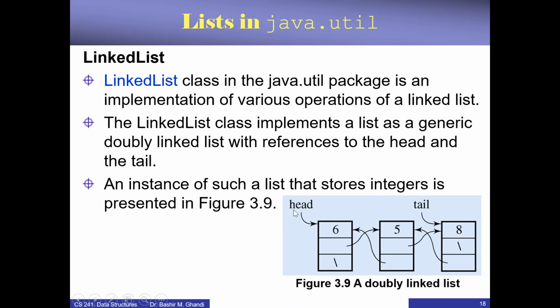Okay, it has head and tail, and each node will have info, next, and prev. Although you don't need to actually access these variables directly in your code, you can just call the methods of the list, the class behaves very much similar to our own doubly linked list that we have developed.